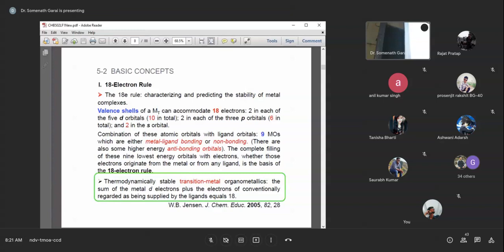You can see that if you take a metal and put it with something, typically you cannot expect that combination. There have to be certain chemical as well as bonding criteria because of which a chemical compound is formed, may it be organometallic or inorganic.